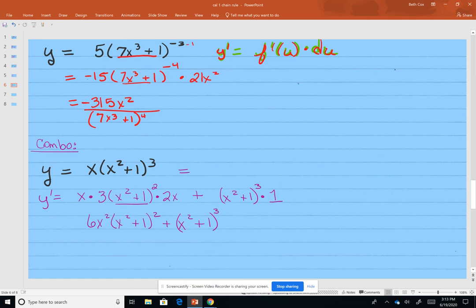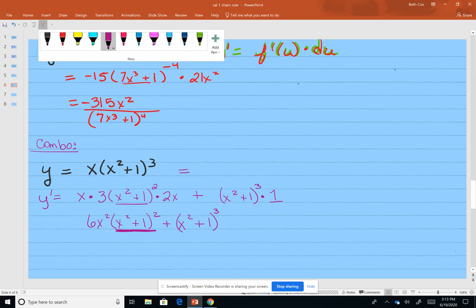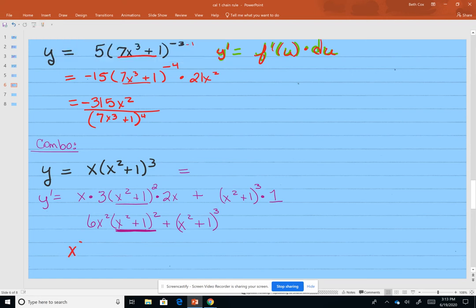Now, I can write this in factored form. I do see a common factor here. Remember, they always want things written with a common factor. And so the common factor on this one is the x squared plus 1 squared. Remember, when we're doing the factoring, we take the lowest power of what's common. So then x squared plus 1 to the second power is the GCF.